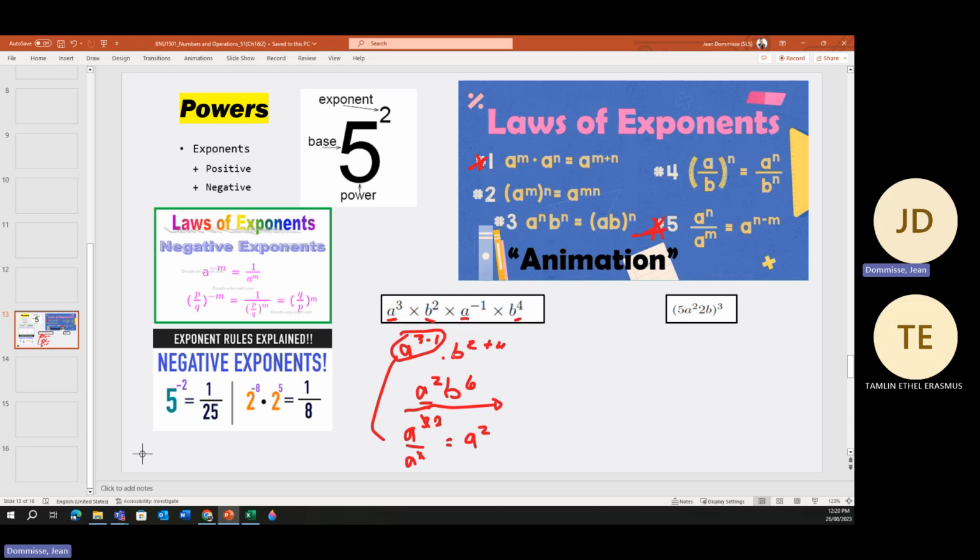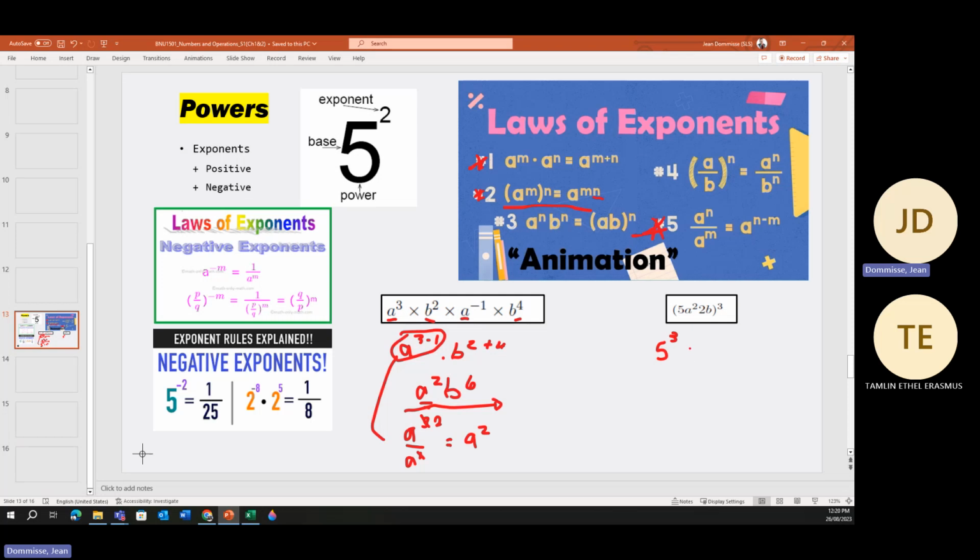Okay, so again, using the laws, we could have used that one and we could have used that one and gotten the same answer. Then if I look at this example, in brackets 5a to the power of 2, 2b, and then everything to the power of 3, I will use law number 2. Which tells me I basically take whatever is within the bracket and I need to multiply. What is important is, remember, this also is a base, so we need to use the exponent for that as well.